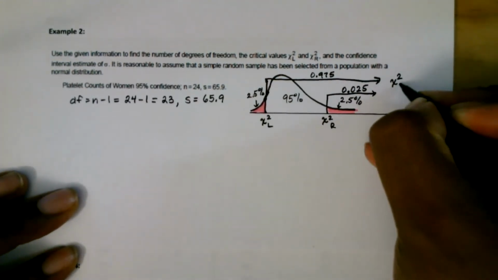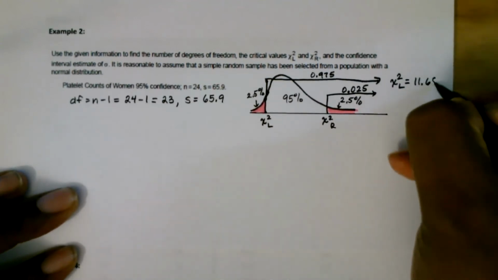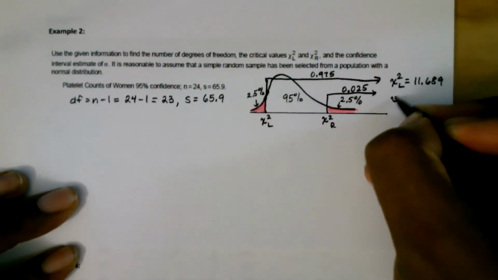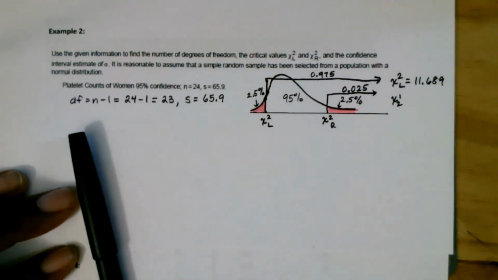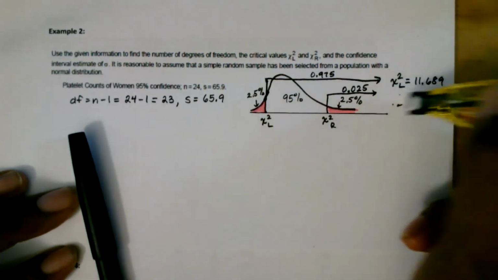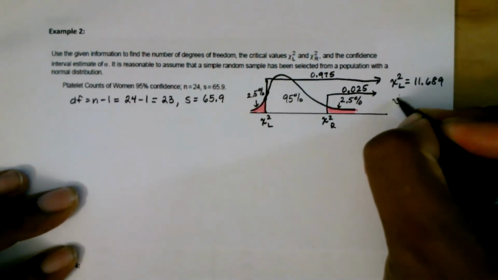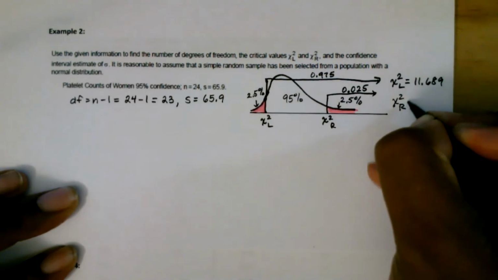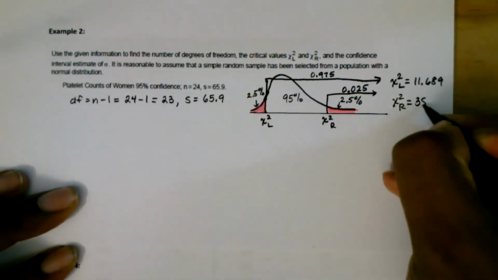The chi-square critical value on the left was 11.689. And the chi-square value on the right was 38.076.